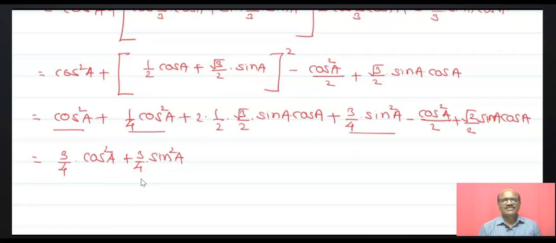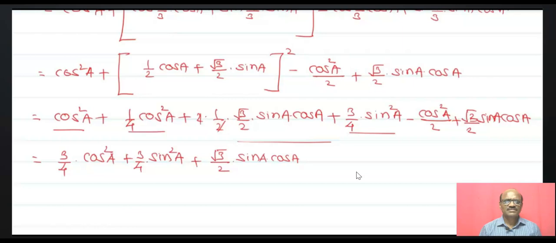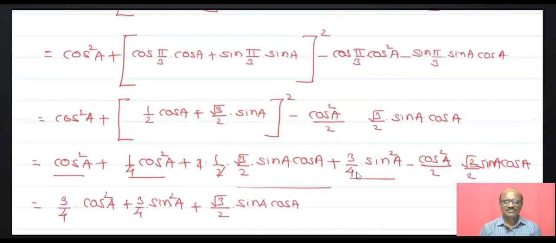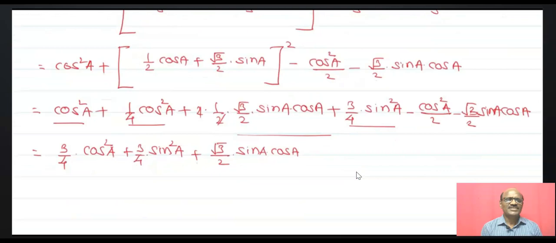And that's why that is cos square A plus 1 by 4 cos square A, it becomes 3 cos square A plus 3 by 4 sine square A. Now see these two terms, root 3 upon 2 sine A into cos A. Now I have changed the sign.